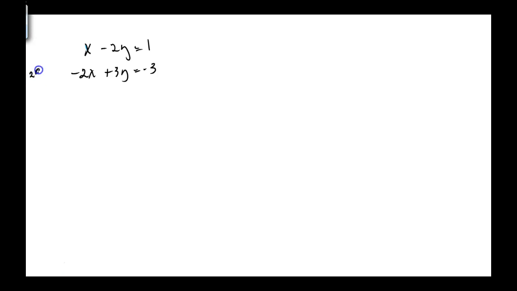Multiply 2 times equation 1 plus equation 2 is the new equation 2. So since we're using the top equation, let's leave it alone and have x minus 2y is equal to 1. And what would your new second equation be? Okay, negative 7y.